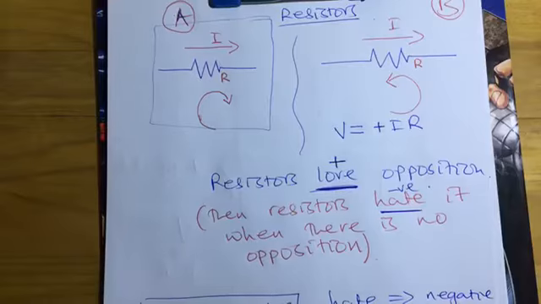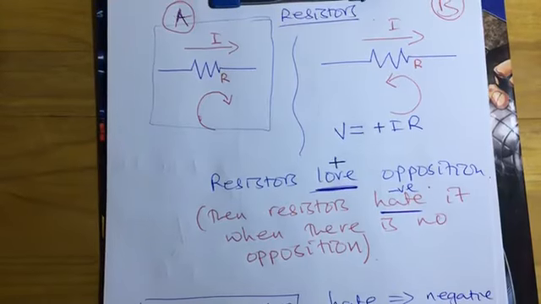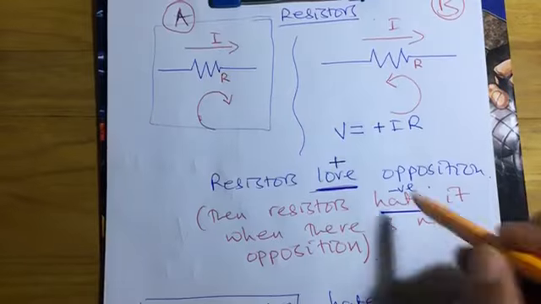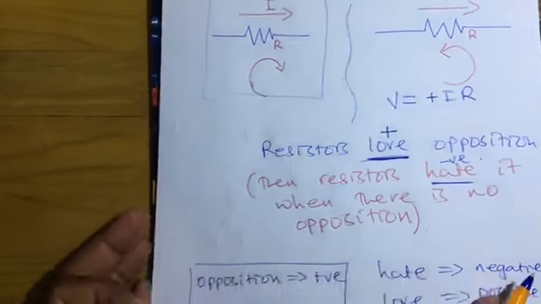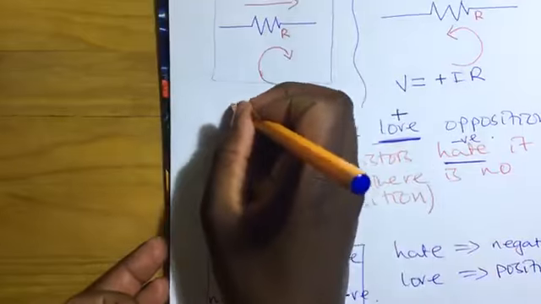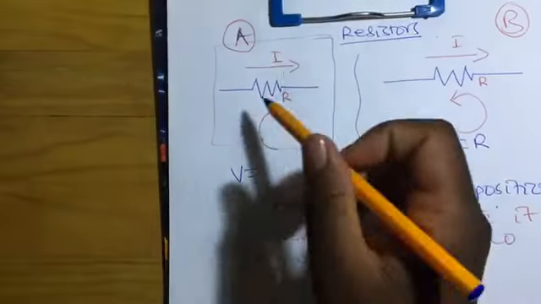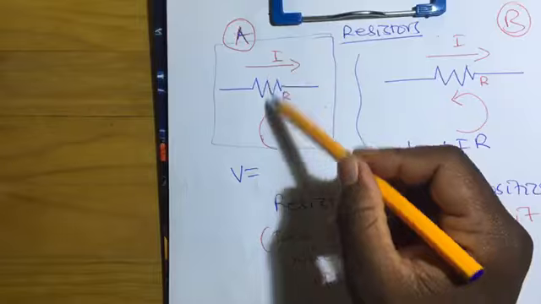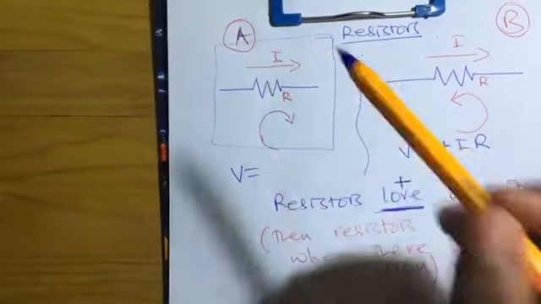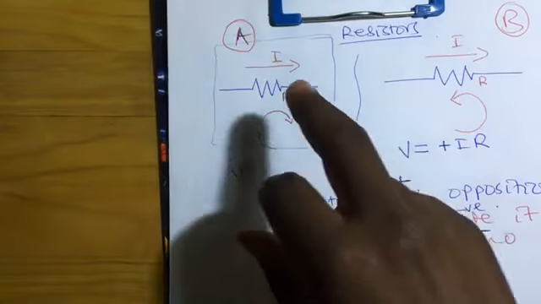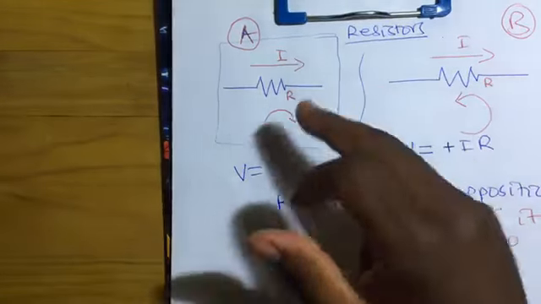Anyway, let's continue. All right, this voltage is going to be positive because we have opposition. Okay, this other voltage, we don't have opposition. So is this voltage going to be positive or negative?